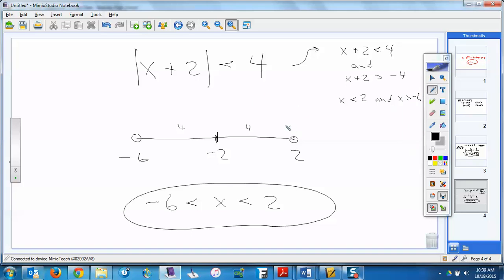Well, less than 2 would be this way, greater than -6 would be this way. Sure enough, it's between -6 and 2. That's how you would have worked it in Algebra 2 class, as an and problem, taking the bars off. Well, if you just understand that it's x minus the middle less than the radius, it's a quick way to convert back and forth between those two kinds of things.